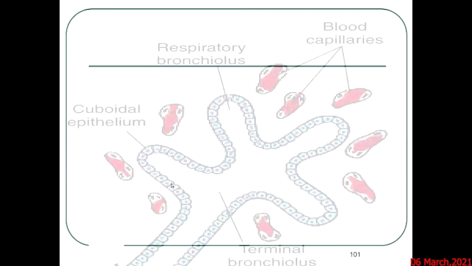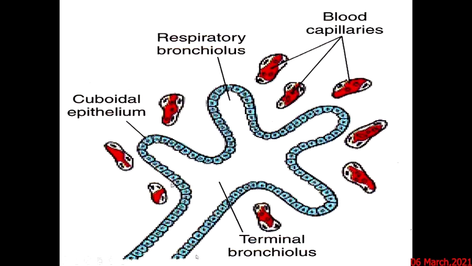Look here, let me show a picture. This is taken from another book. Up to here is the terminal bronchiole. But in 24 weeks, each terminal bronchiole gives rise to 2 or more respiratory bronchioles. Here 1, 2, 3.